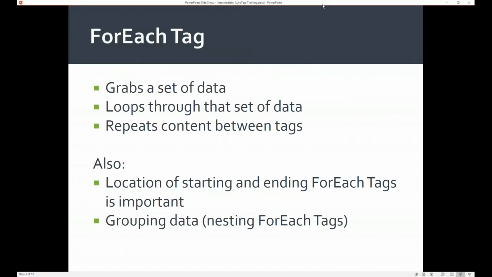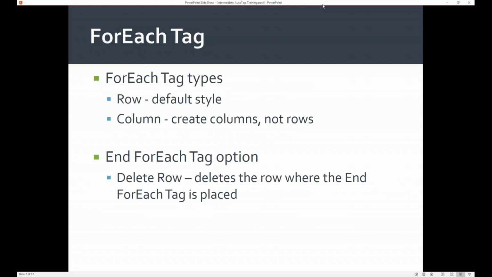All right, let's go back to our slides for a moment. Okay, so we talked about legacy, row, column types for the for each tag. We talked about the delete row attribute, which deletes the row where the n for each tag is placed.